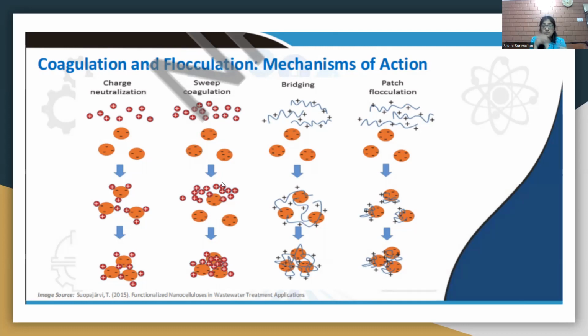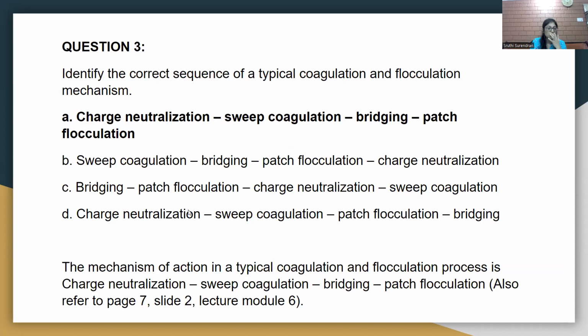Then after the charge neutralization, these colloidal particles have a tendency to come together. That is called bridging. And after bridging happens, flocs will form. That is the process of patch flocculation. So the correct sequence is charge neutralization, sweep coagulation, bridging, and patch flocculation.